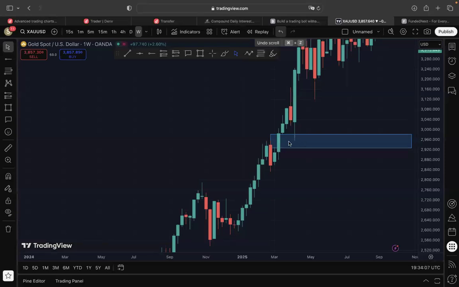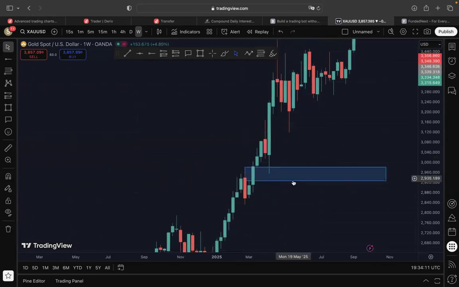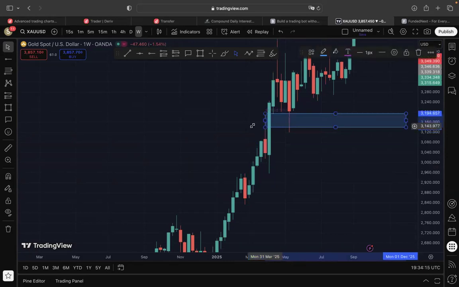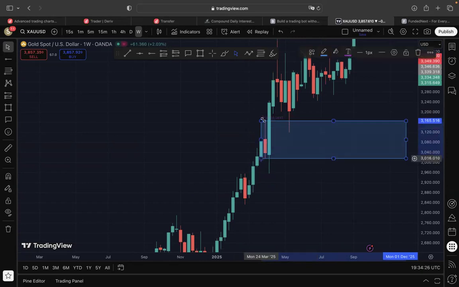Okay, note how the market respects the fair value gap here. Then let's see what is happening here. There's also a gap here that the market respects. But if you had used just the fair value gap here, you would have lost the trade. But then look at order block. This would be our order block.